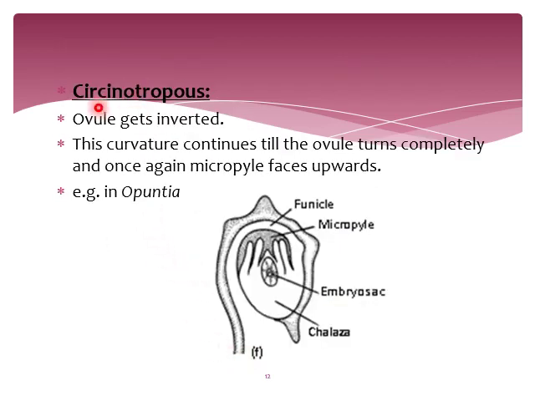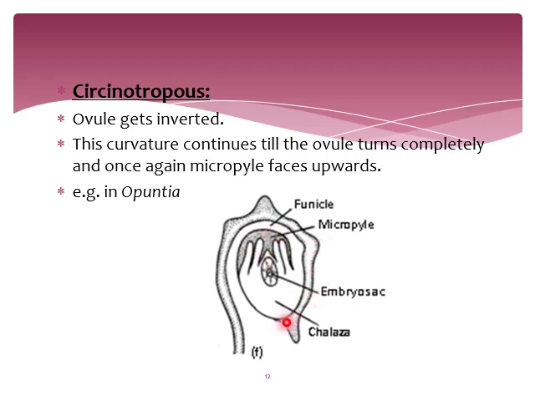Finally, we have circinotropous ovule. You can see in the image that in this case the ovule gets completely inverted.